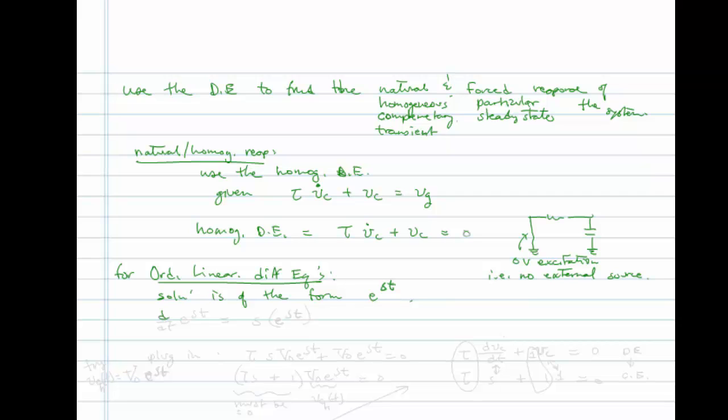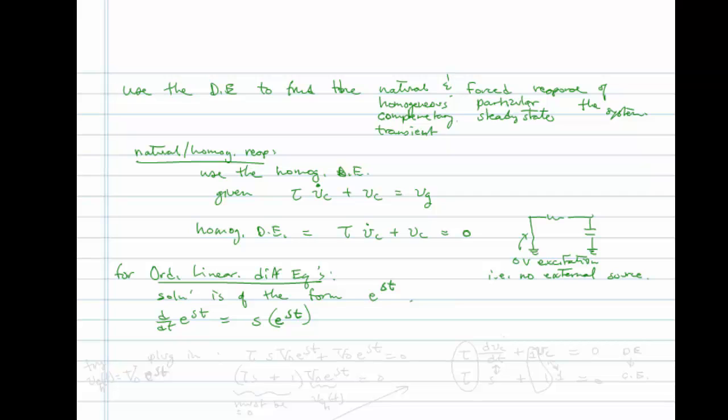Because the derivative of e to the st is s times e to the st, and so you get the same functional form back. So when you have to add a derivative of x with x, an e to the st type function is able to add those two quantities and arrive at something that is equal to 0.